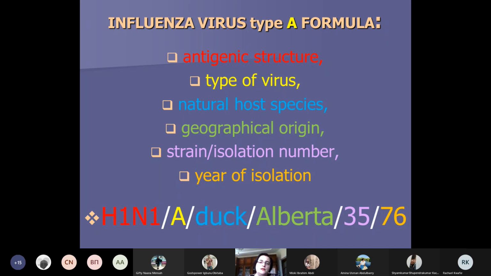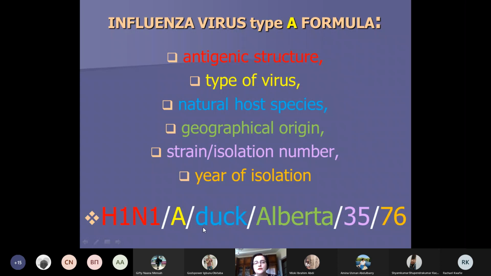Influenza A virus is classified into subtypes based on the viral proteins hemagglutinin, H, and neuraminidase, N. As of 2019, 18 hemagglutinin subtypes and 11 neuraminidase subtypes have been identified.